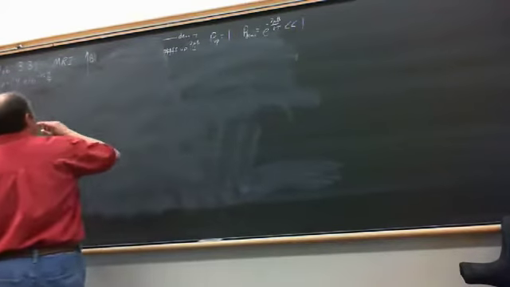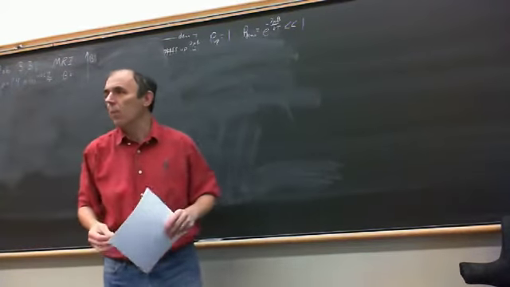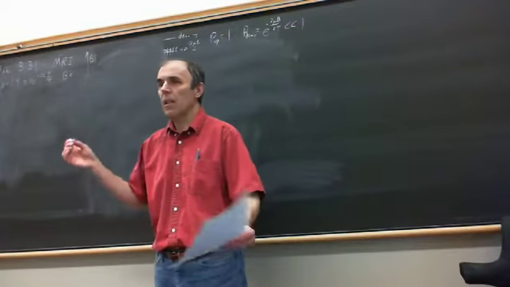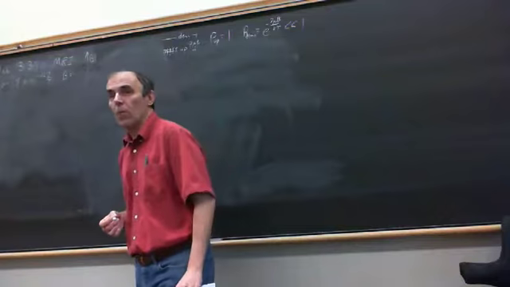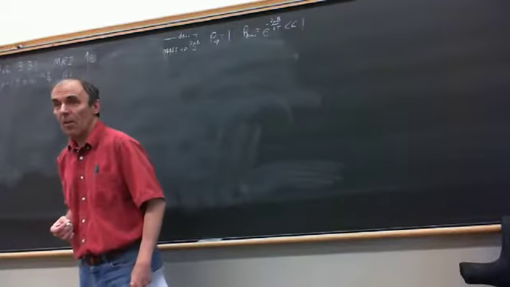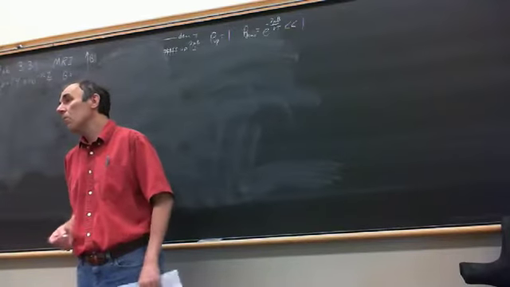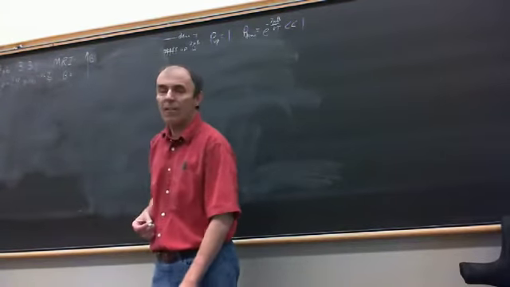Magnetic fields. Anybody know how big a magnetic field is in a typical magnetic resonance imaging machine? Take a guess. 9. That would be actually like a super research MRI unit, but they do have them that big. When I was you guys' age, the typical magnetic field would be 1.5 Tesla.